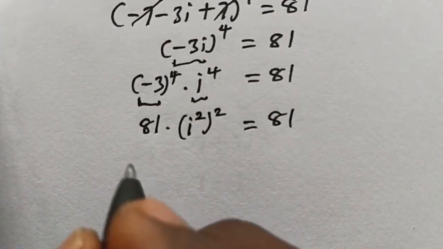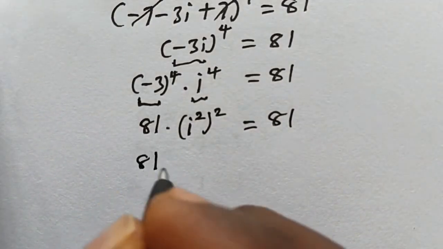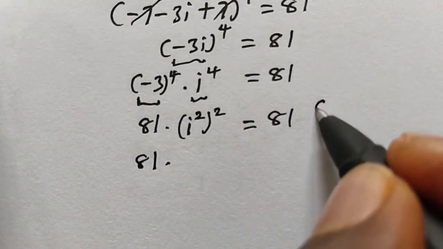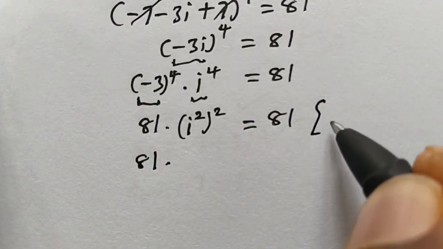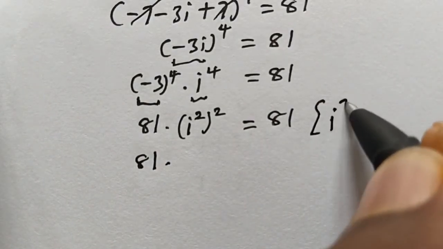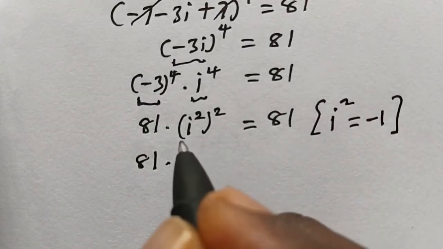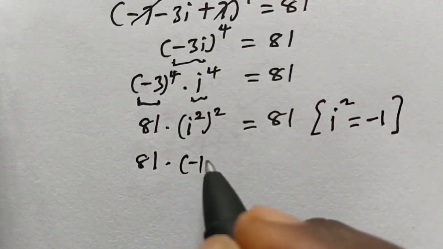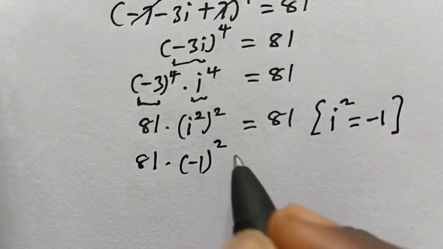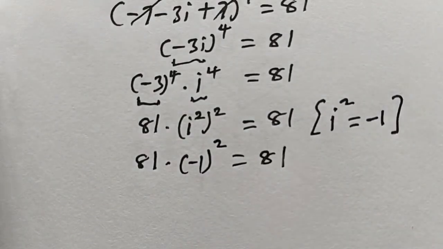Let's continue. So I have 81 times. Don't forget, we already stated earlier that i square is equal to minus 1. So in place of i square, we have minus 1 all to the power of 2 equal to 81.